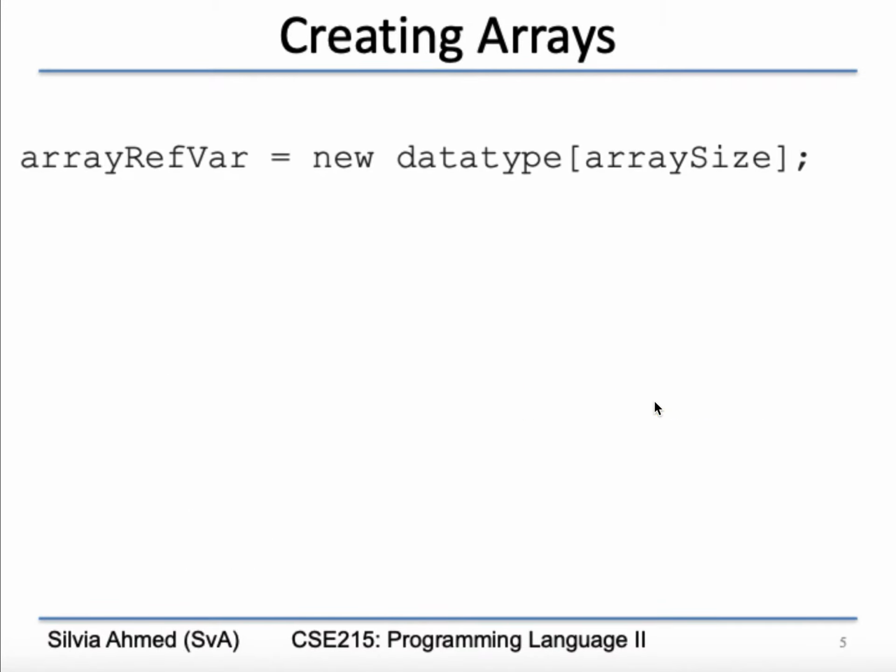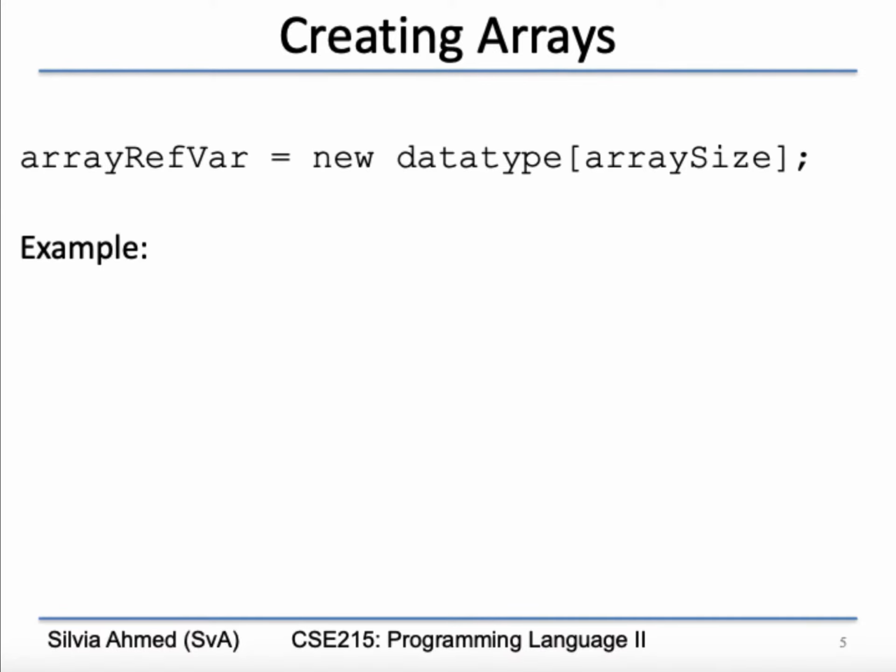We need to use the new keyword and then the data type, and in the bracket pair we need to declare the size of the array. And when we create this array, we need to store the address by assigning it into the array name, or array reference variable.